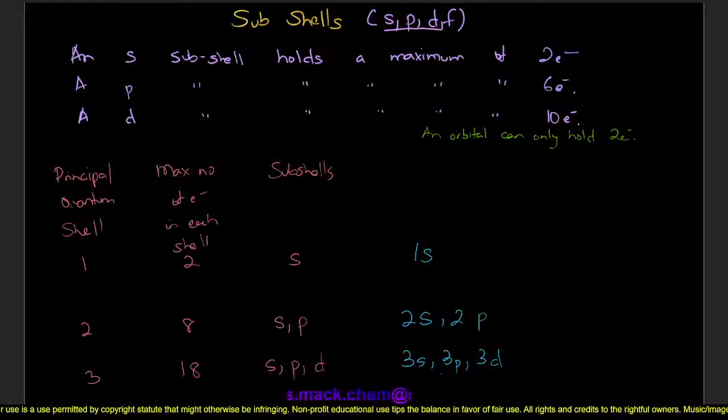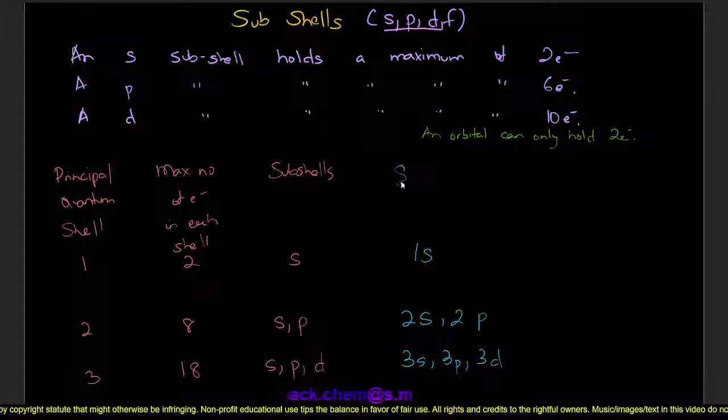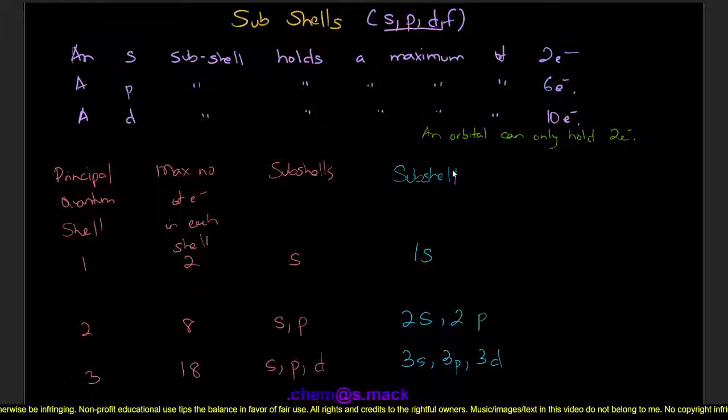Right, so we're saying that an orbital can only hold 2 electrons. And remember what I said about a subshell. We say that a subshell consists of orbitals.